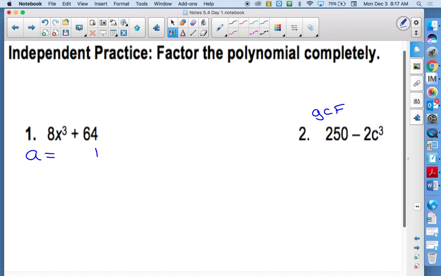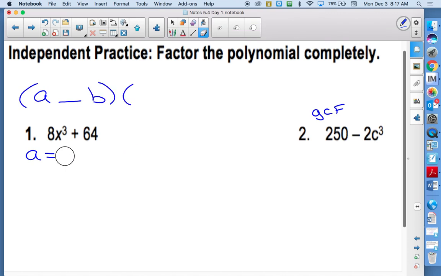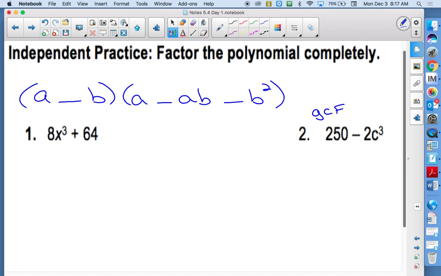I strongly suggest you write your A and B terms so that you physically see what those represent. Actually, this one has a GCF as well. Anyone know what the GCF for number 1 is? It actually has a GCF. Yeah? 8. Yeah, we can take out an 8 here.